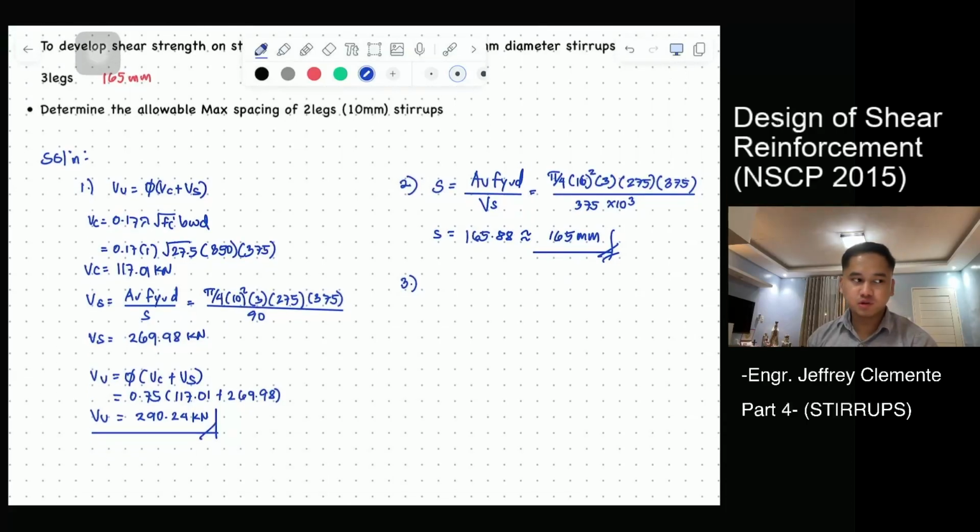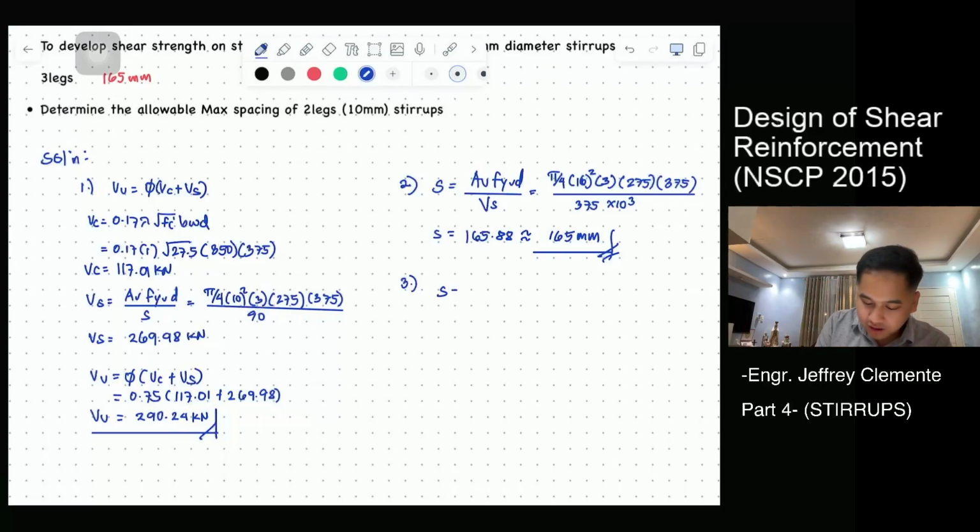Kung maximum spacing to, gagamitin ko minimum area. Kasi pag minimum area ang ginamit ko, pinaka-konting bakal, makukuha natin yung maximum spacing ng bakal. Kasi mas lumiit ang area ng bakal, yung required area ng shear reinforcement, lumalaki yung pagitan ng bakal. So, we want to get that maximum spacing.